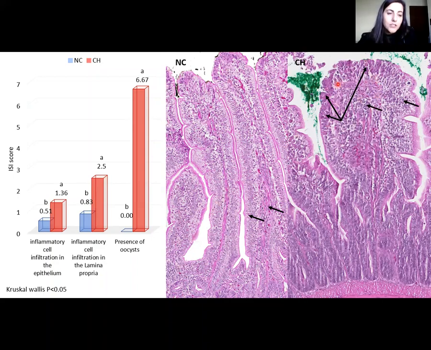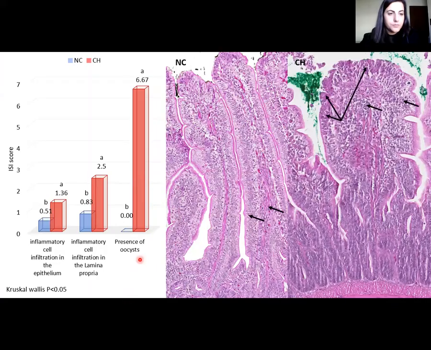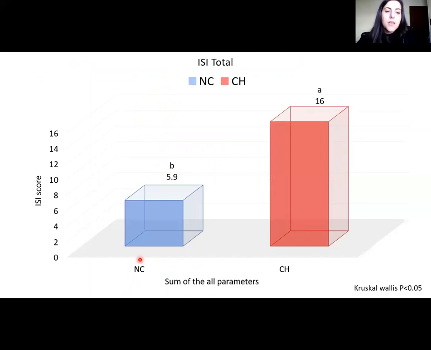So the challenge group presented all these, and the presence of oocysts. In the sum of all parameters, the non-challenge group presented better results compared to the challenge group, so fewer lesions.